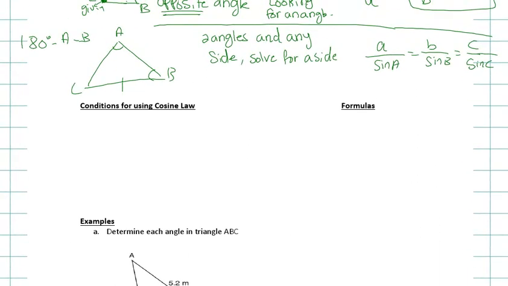So two sides and the contained angle, so it's the angle between them. And the formula that I have to use will be one of these versions. One of them, doesn't matter which one.